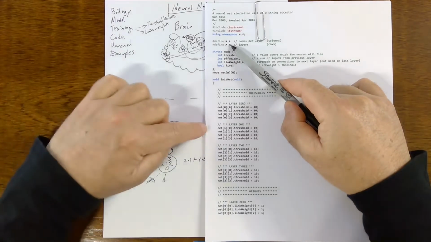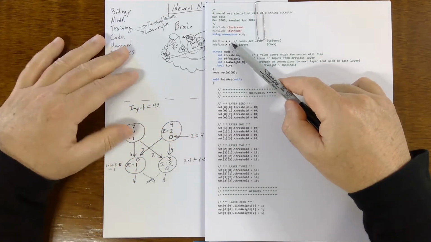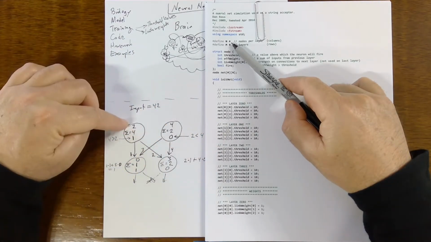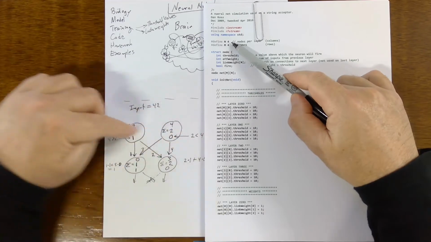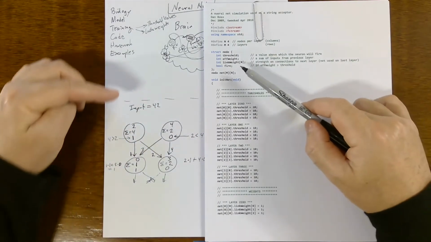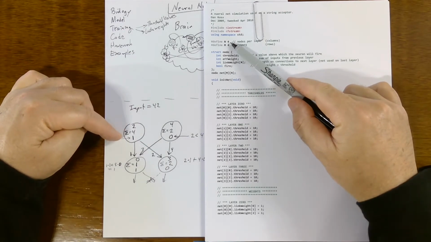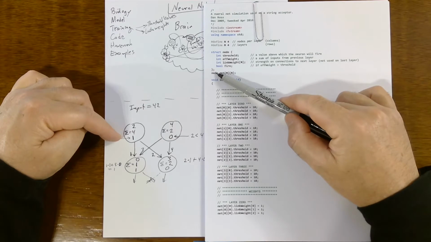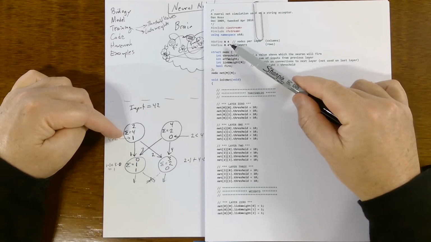There are four nodes on a layer. Well, this is a 2x2 here, but in this code it's 4x4: 4 across this way and then 4 deep. It's just a 4x4 array of nodes, or an n by m array of nodes.